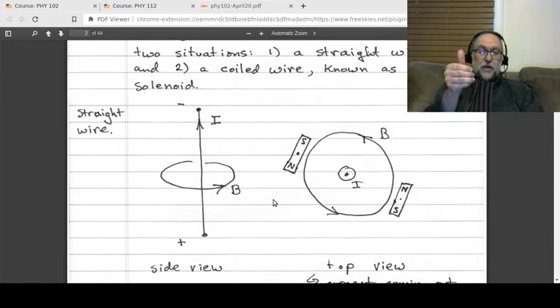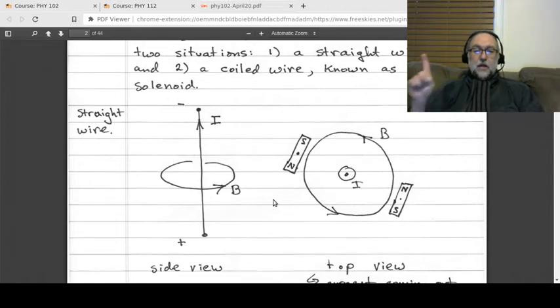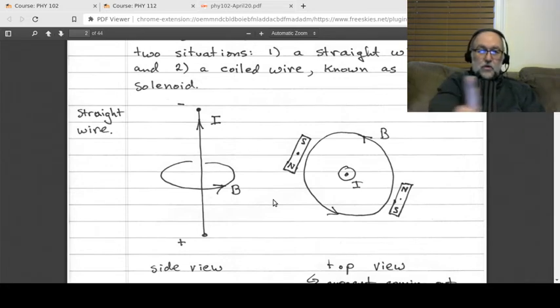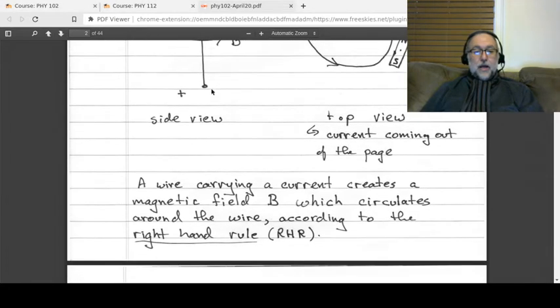My thumb is pointing up, and my fingers point in the direction of the circulation. So if the wire is going up like this, the B field circulates like this: towards you, and then away from you, and then towards you, and so on. So there's the right-hand rule, and it describes the circulation of the magnetic field around the wire.